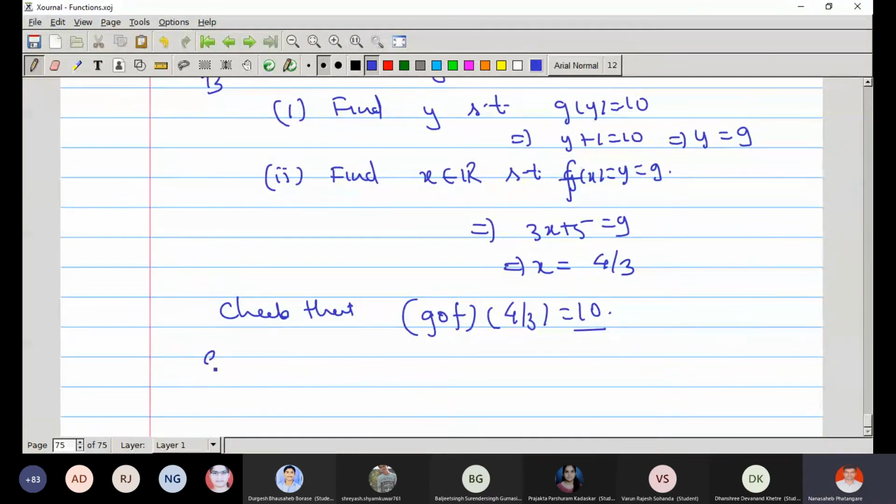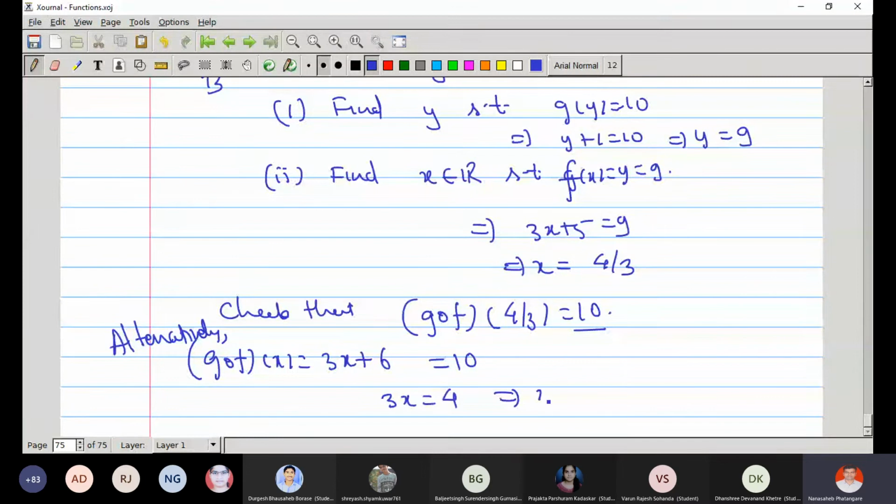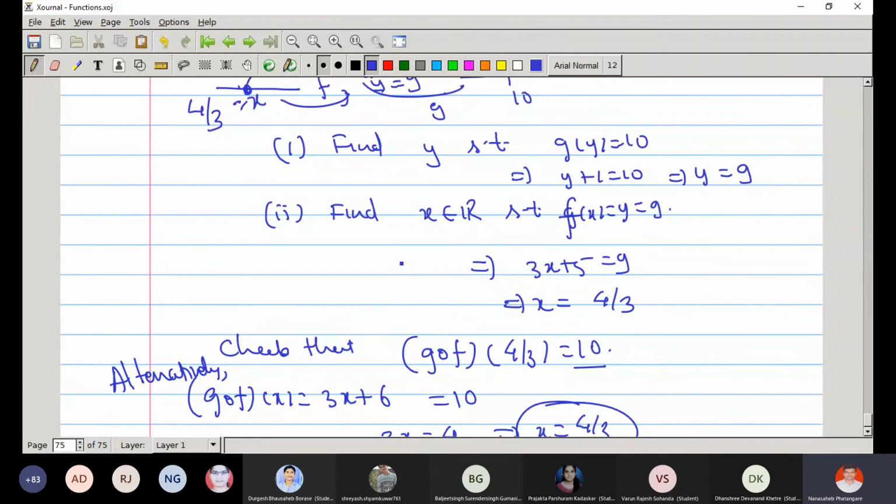G composite F of x is 3x plus 6, and we want it to be 10. Therefore 3x is equal to 4, and therefore x is equal to 4 by 3. So in this way also we'll get it directly, and if you track it from y to x, then also it is the same. So in this way we can think about composite functions.